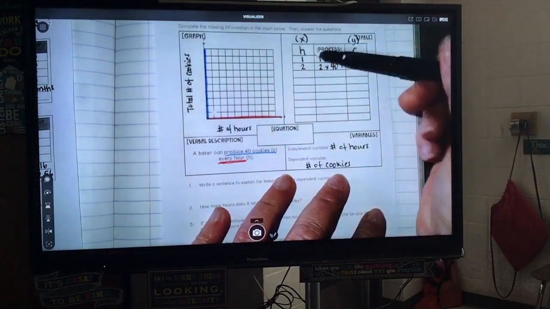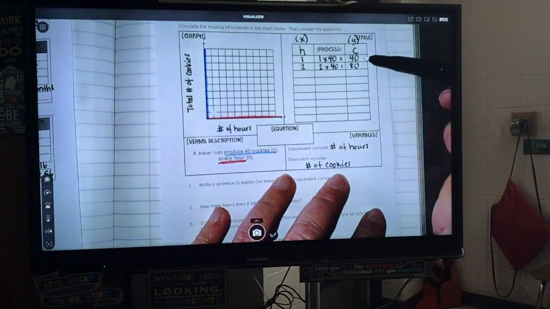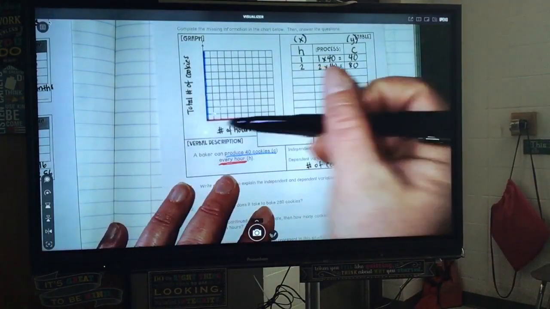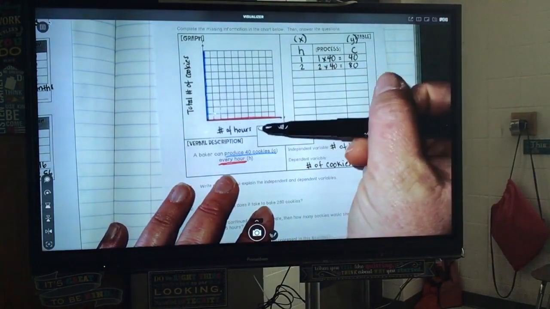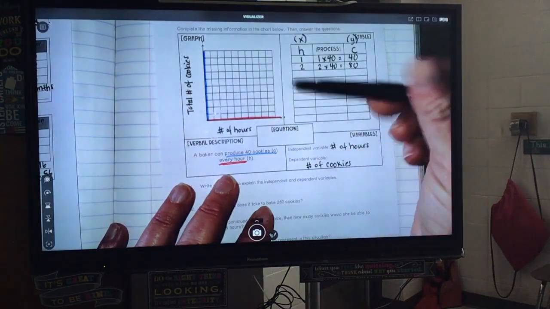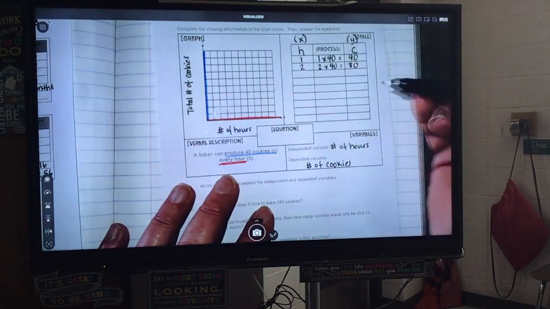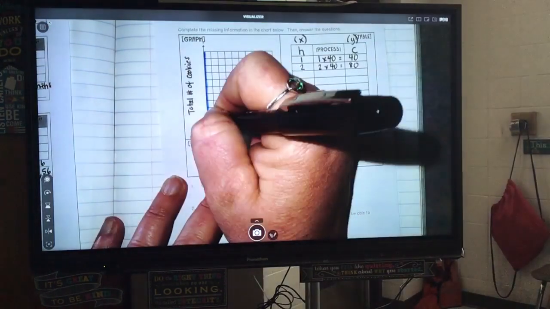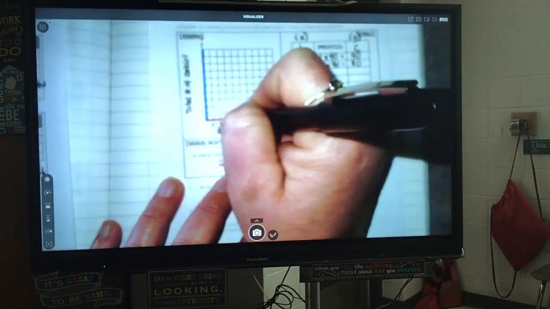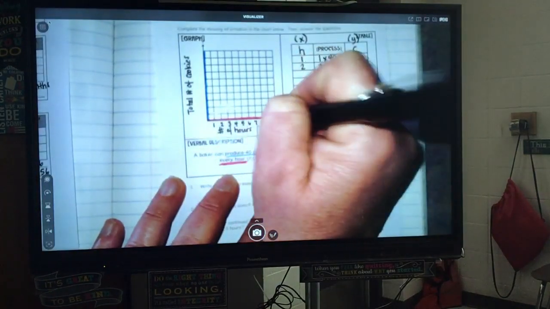So, if my X coordinate is 1 and my Y coordinate is 40, with the numbers that go on the bottom, what do you think I need to put along the bottom for number of hours? I know we haven't finished it all the way, but what do you think? Kaya? Yes, so this is gonna be 1, 2, 3, 4, 5, 6, 7, 8, 9, 10.